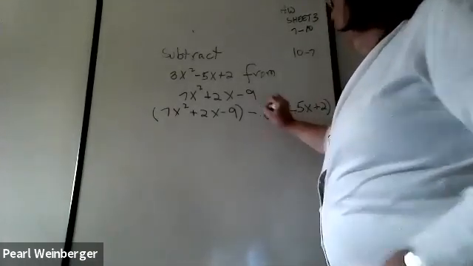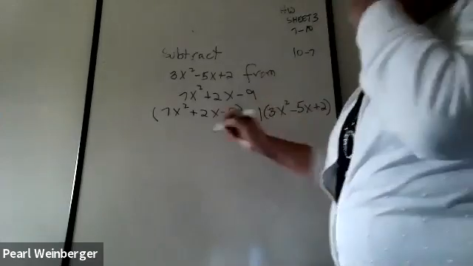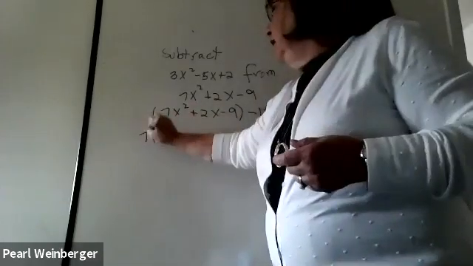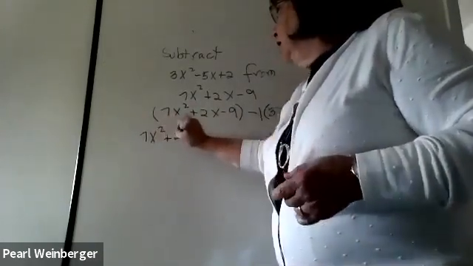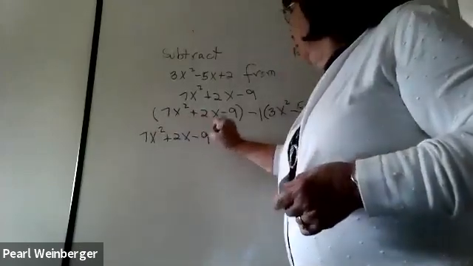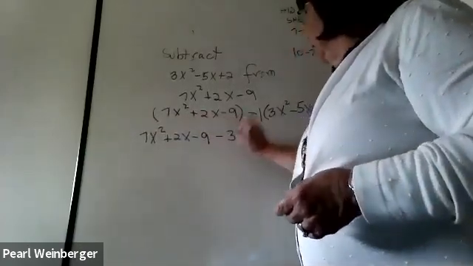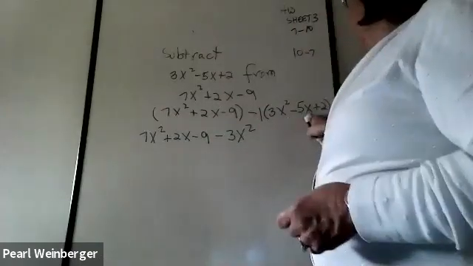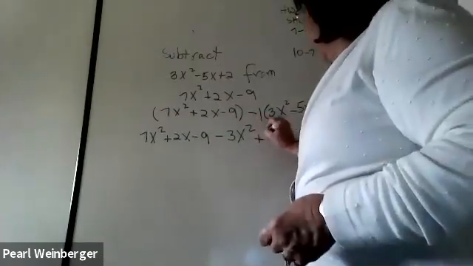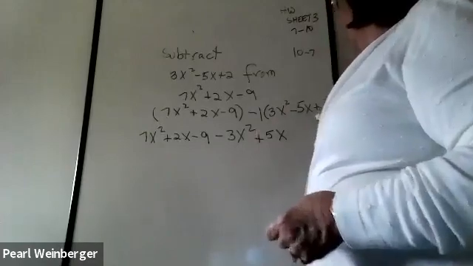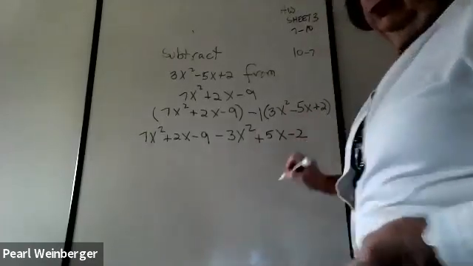And again, remembering this is as if it's a negative 1. So this will become 7x squared plus 2x minus 9 minus 3x squared. Negative and negative becomes plus 5x. And negative 1 times 2 is minus 2.